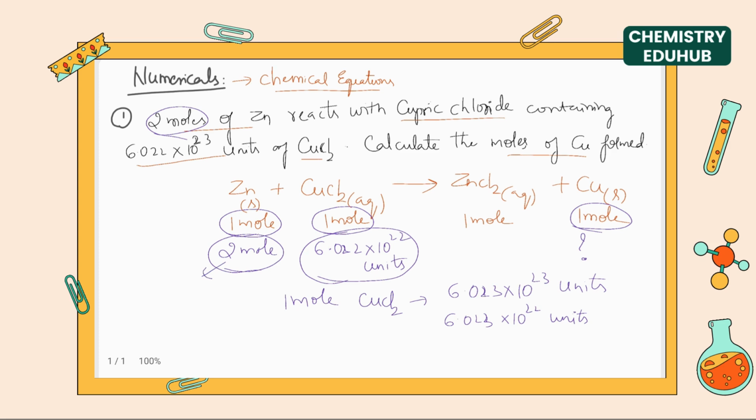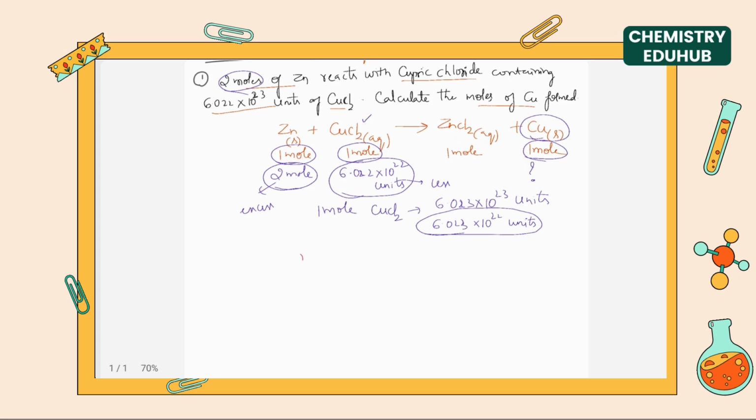Zinc is taken in excess quantity, but copper chloride is taken in lesser quantity, that is 10 times less than the required. So copper formation will depend on the amount of copper chloride. So the amount of copper formed will be equal to the amount of copper chloride taken.